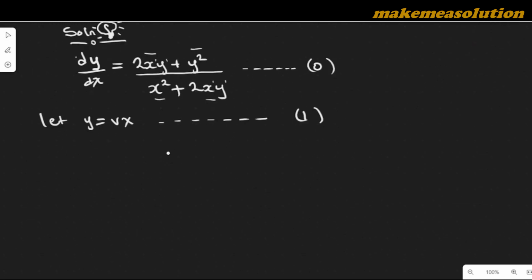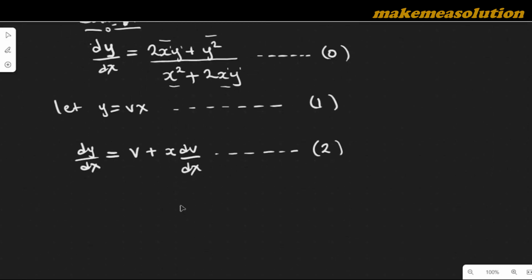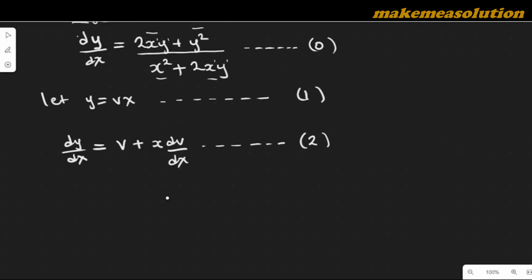Therefore, if we let y be vx, dy/dx is now going to be v + x dv/dx. This is going to be equation 2. All together. So now, next thing to do is to substitute 2 and 1 in 0.